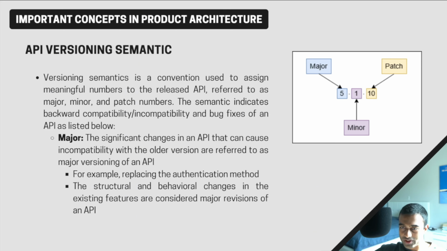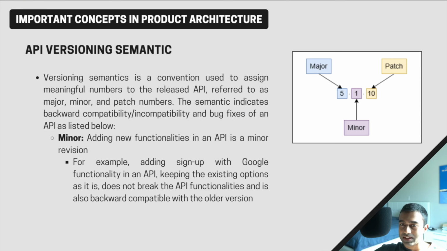So for the major, the significant change in an API that can cause incompatibility with older versions are referred to as major versionings of an API. For example, replacing the authentication method, the structural and behavioral changes in the existing features are considered major revisions of an API. And then you have the minor, which is adding new features in an API is a minor revision.